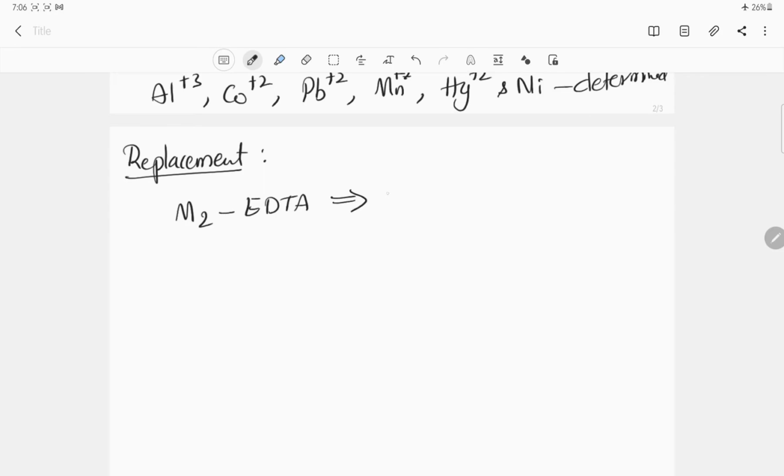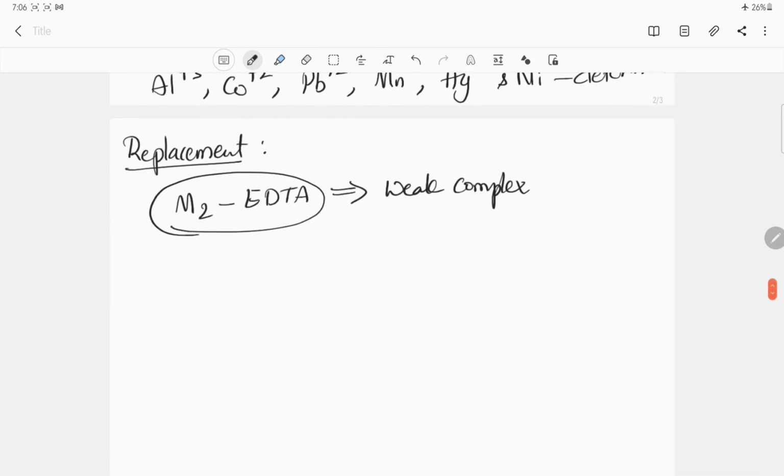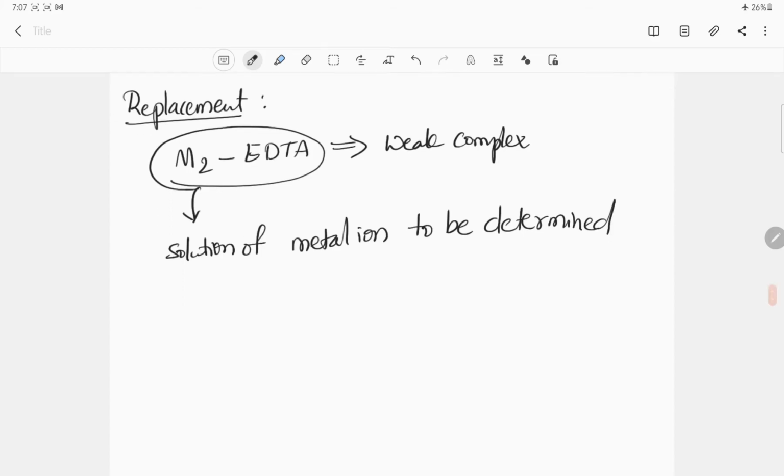This is a weak complex. This is added to the solution of the metal ion which we want to determine.